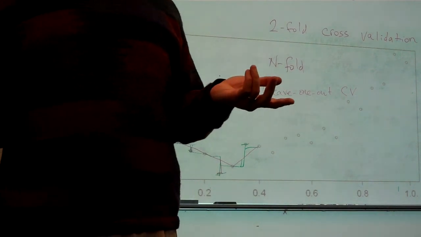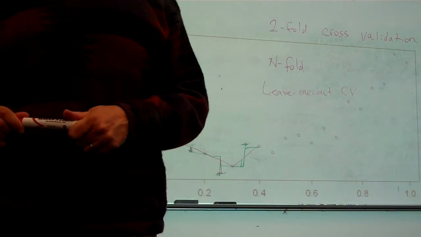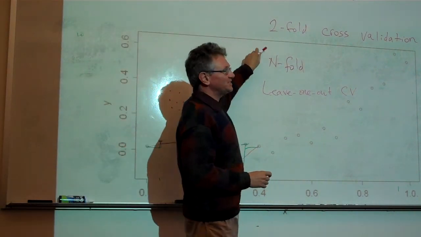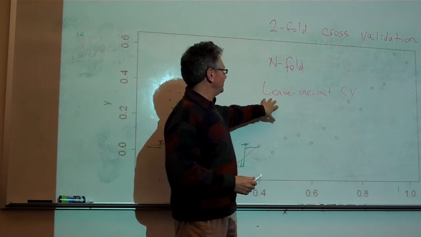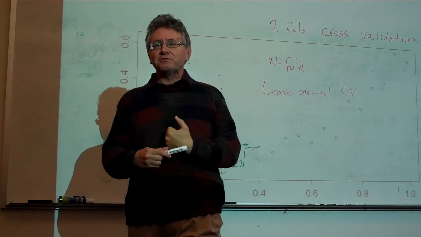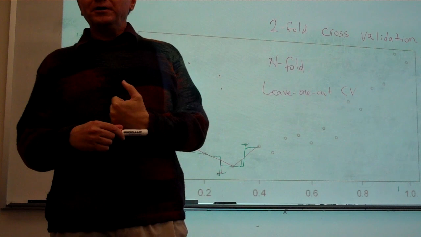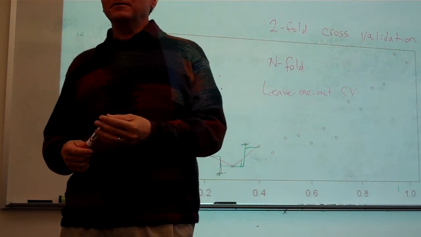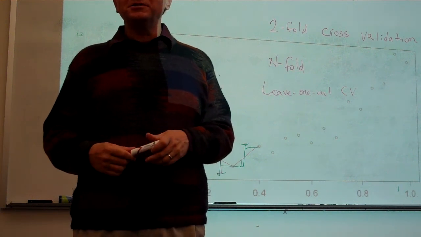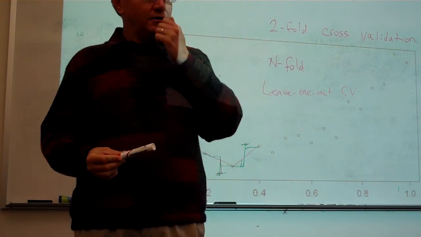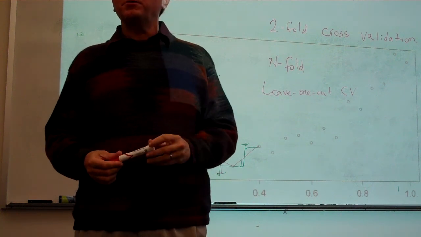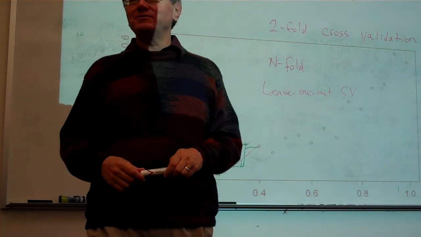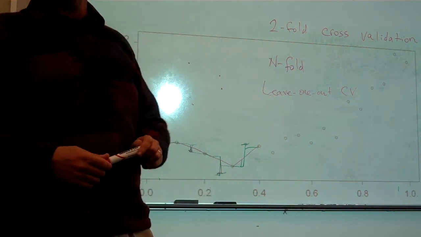It's the gold standard. The only reason not to use leave one out, and the larger n is in your n-fold cross validation, the closer you get to leave one out. So then it's just a question of how long you are willing to wait to get the answer. That's just a practical trade-off. There probably is some theory about this issue. I don't know that theory. I can try and find it if you're interested.